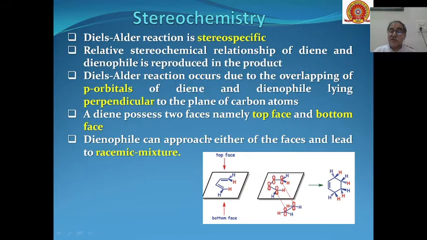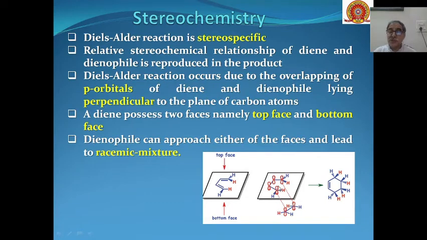But if one of the faces is more crowded, or the approach of the dienophile from one face is less possible, then we will get an asymmetric product. That is, one enantiomer will be formed in more amount and the other enantiomer in lesser amount. So we will get an optically active product or stereospecific or stereoselective product, depending upon how much the dienophile can approach the diene.